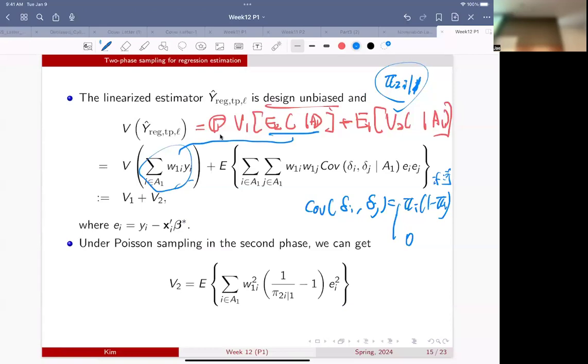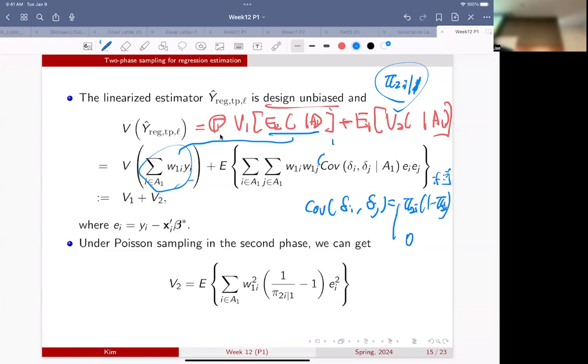If i equal to j, then you have a covariance, which needs a subscript 2. So I have a typo.